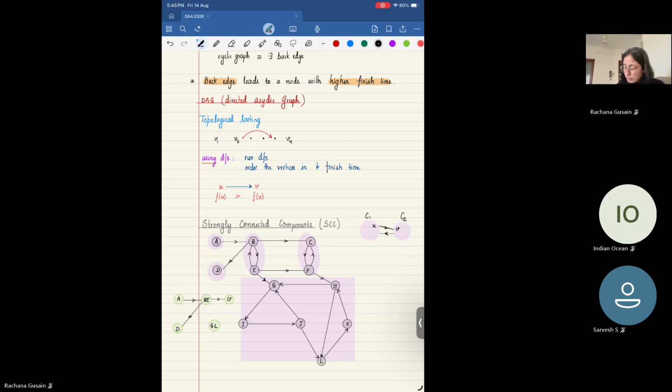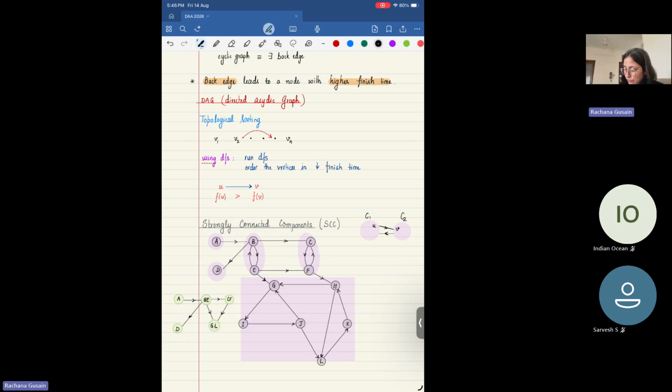Similarly, from E to G, I had an edge, so I'll add an edge from BE to GL. And there was an edge from F to H, so I'm going to add an edge from CF to GL.